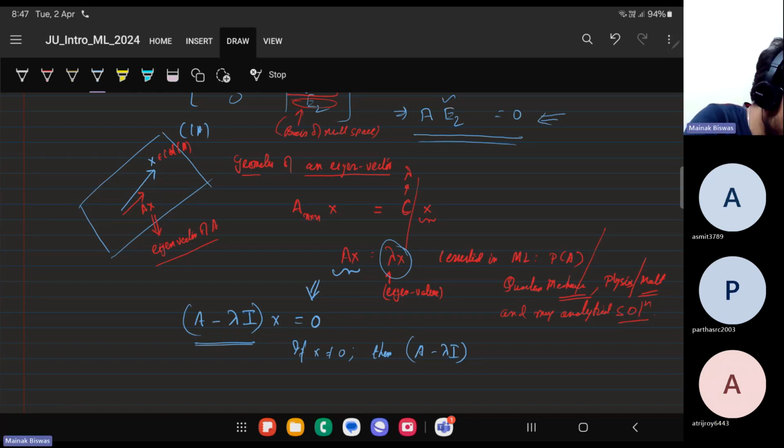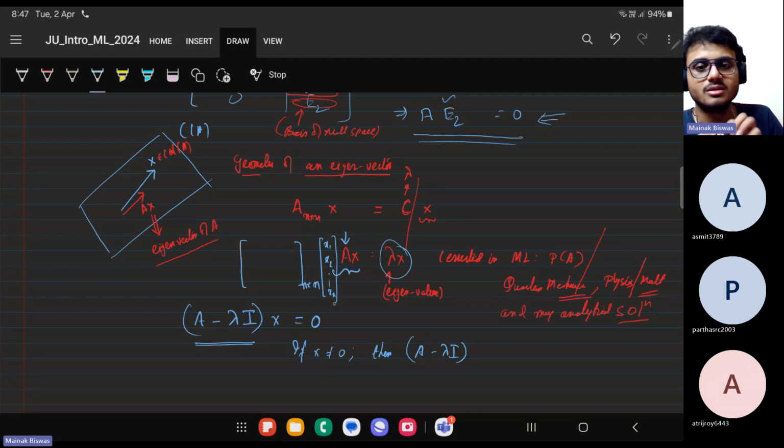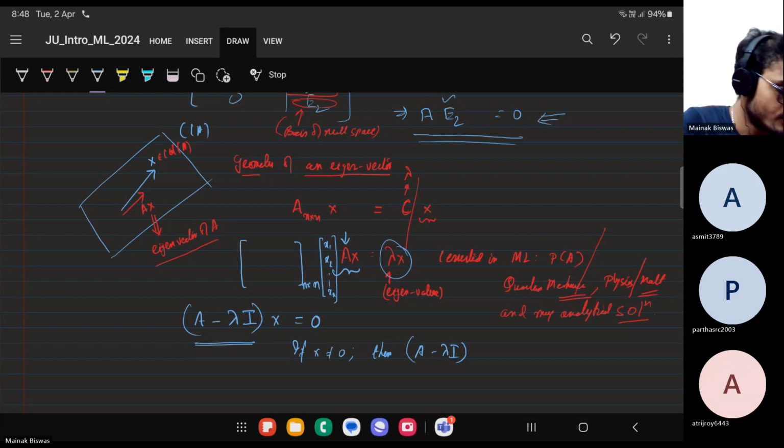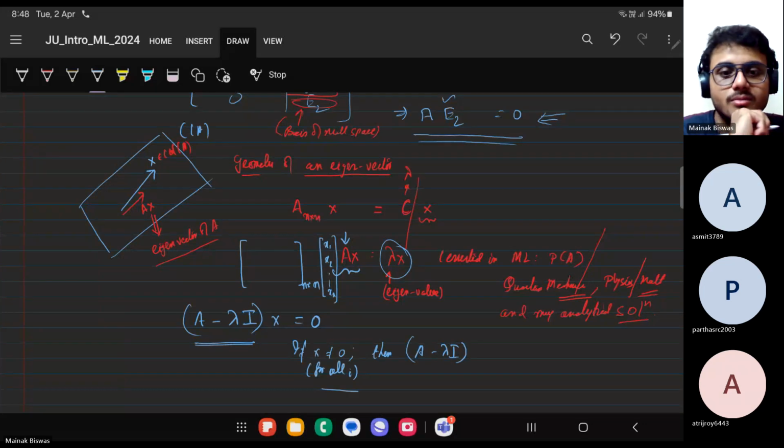A minus lambda I is a matrix, right? Means x is not identically 0. If x is not equal to 0, then for A minus lambda I, what should happen to that?